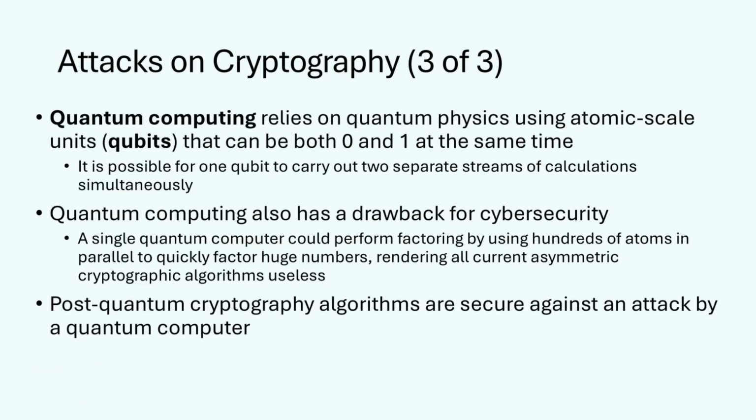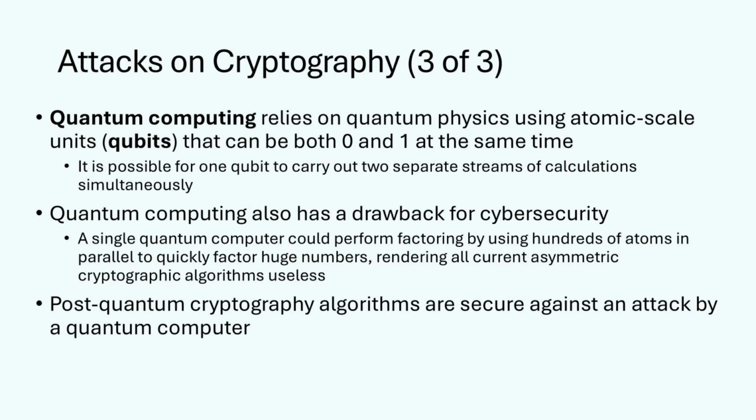Quantum computing is a new kind of computing that uses qubits, which are special units that can be both 0 and 1 at the same time. This allows quantum computers to do many calculations at once, making them incredibly fast. For example, a quantum computer could solve problems that would take regular computers years to crack, all in just minutes.